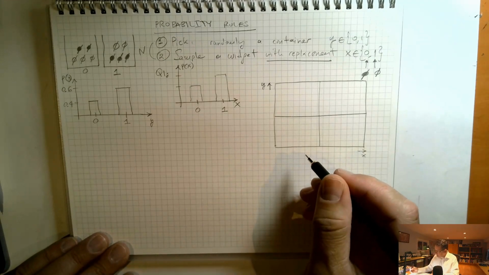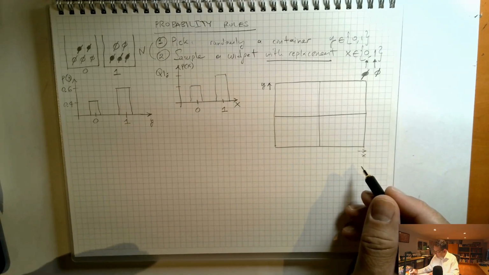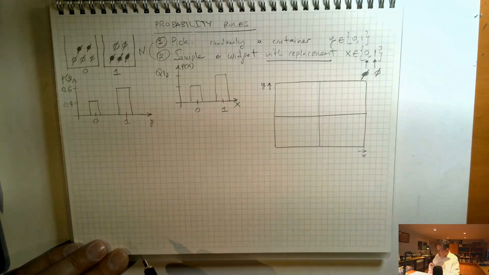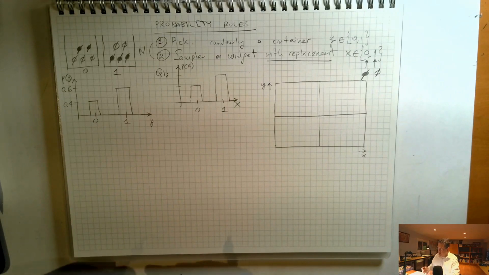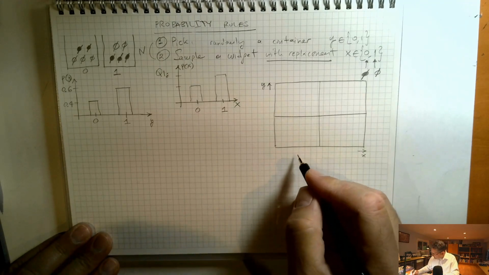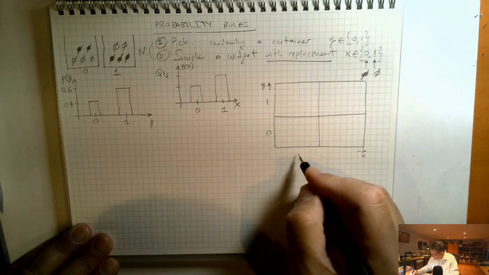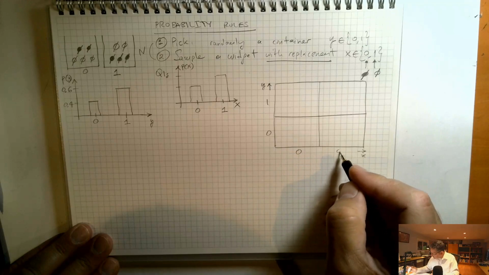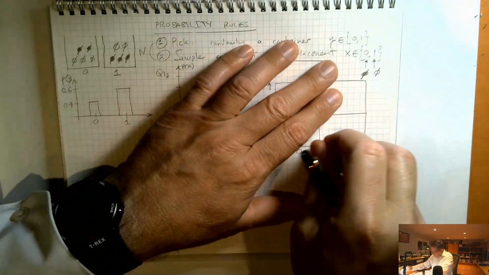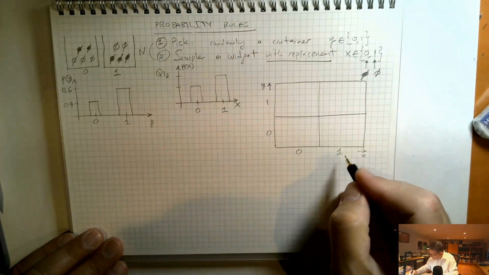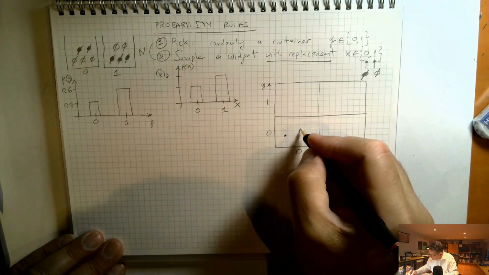This means, for example, that Y happens first, where we select container 0, and then X happens, where I take a black widget out of that container. Y can be 0 or 1, and therefore X can also be 0 or 1. What I'm representing here with dots are the joint events.